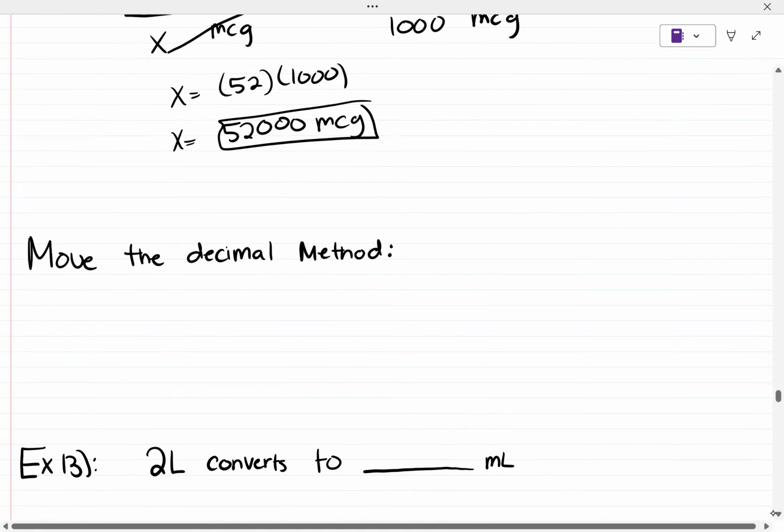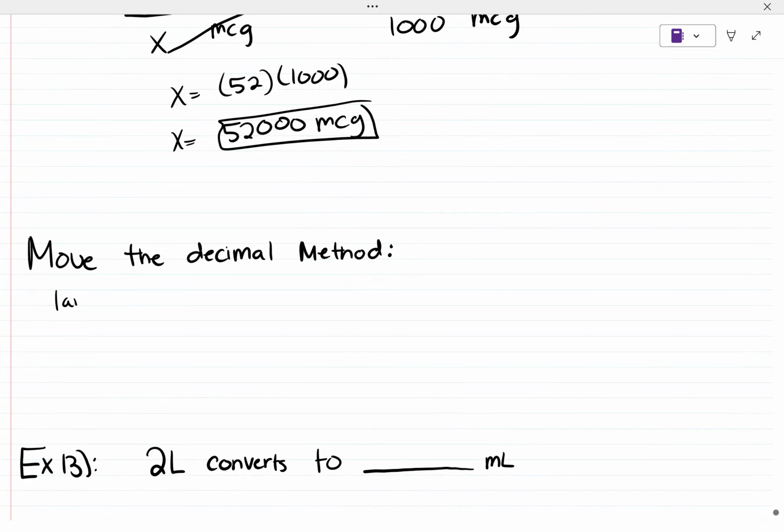Okay, so move the decimal places. So we said that we are technically going from a larger to a smaller, right? So you have to move the decimal 3 units to the right.